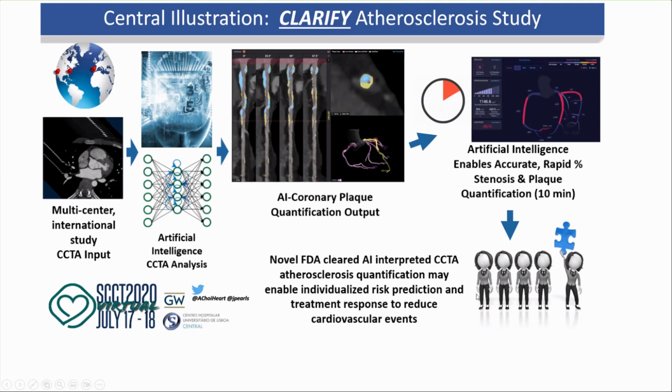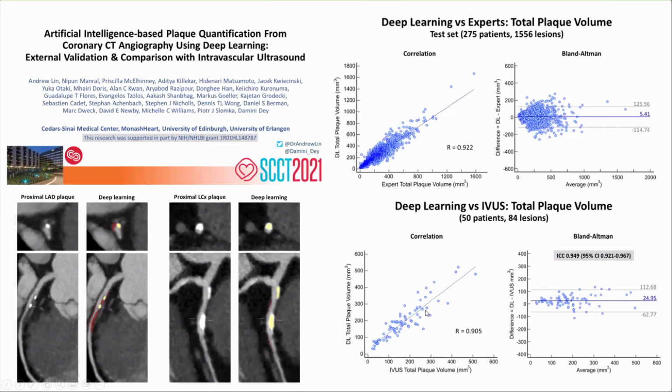So this is the state where we're at, and these are being FDA cleared. And it's not just one group that's doing that, it's several groups that are showing that you can quantify plaque, and these measures directly correlate with invasive measures of plaque.